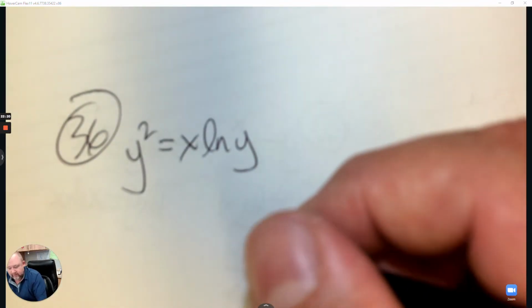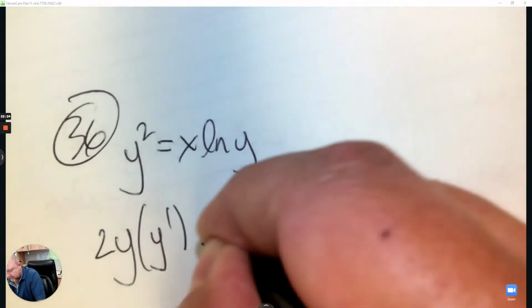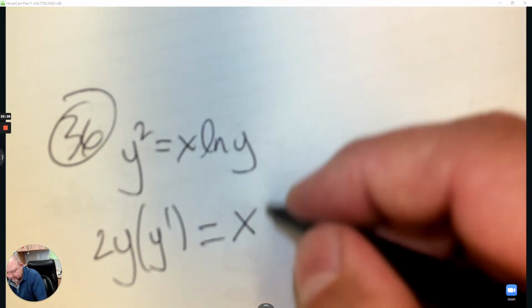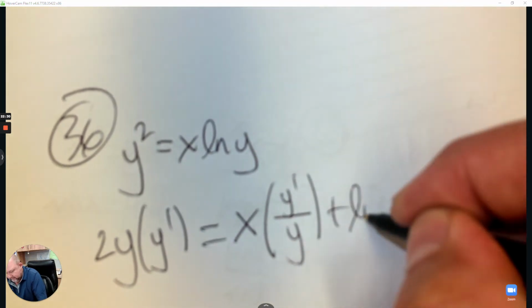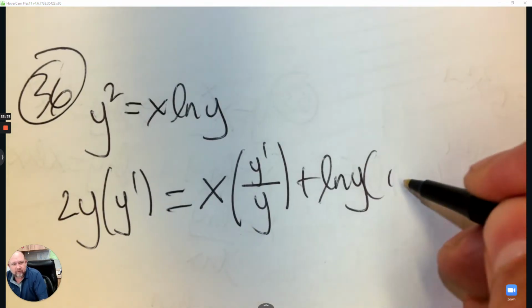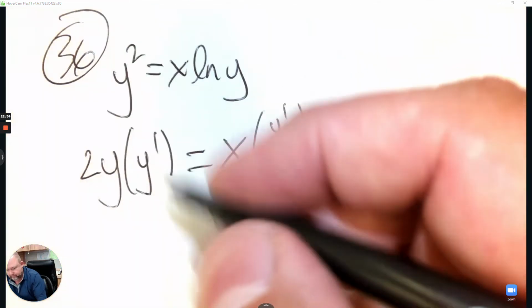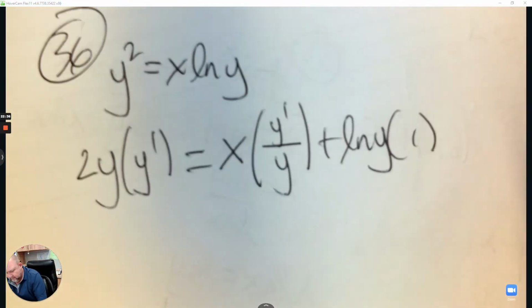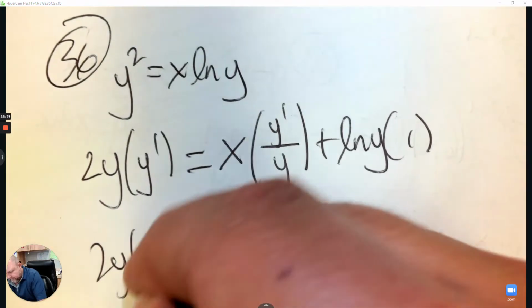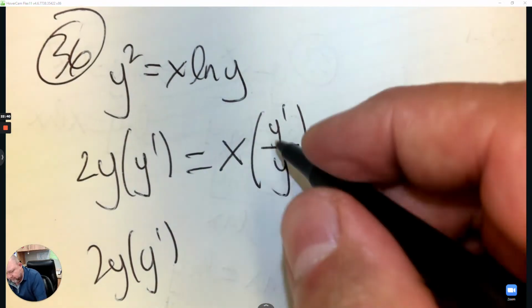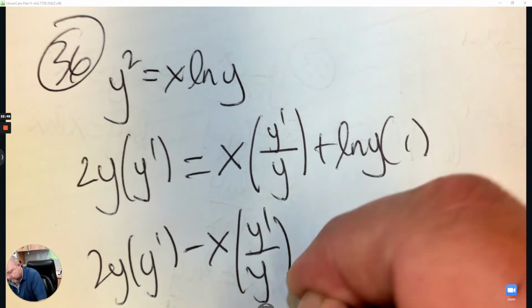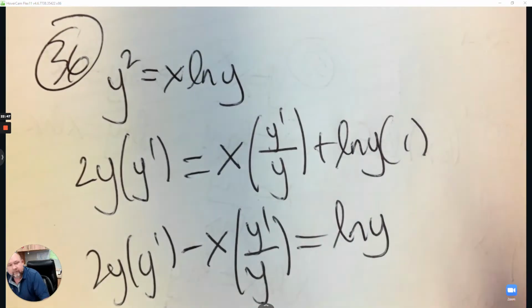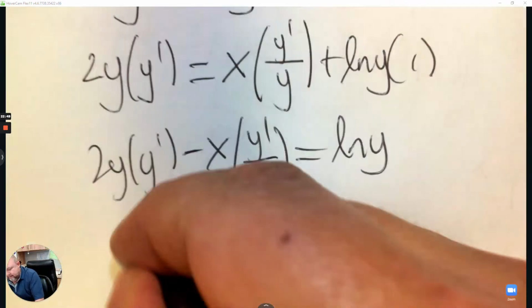All right, we're going to do this implicitly. So the derivative of y squared, and then it needs a y prime. The first times the derivative of the second plus the second times the derivative of the first. I'm going to subtract and then I'm going to factor out.